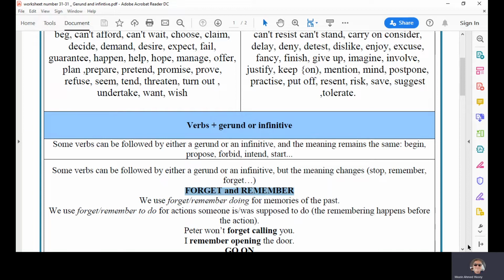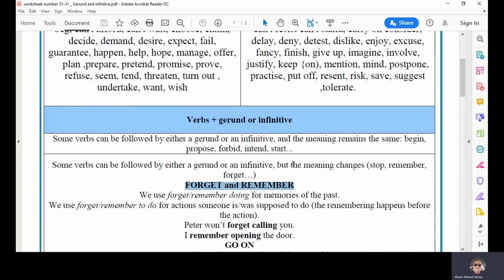Let's go to the other verb. Go on. We can say he went on teaching and he went on to teach. He will go on teaching, he will go on to teach. They are both grammatically correct, but the meaning is completely different. Let's check.